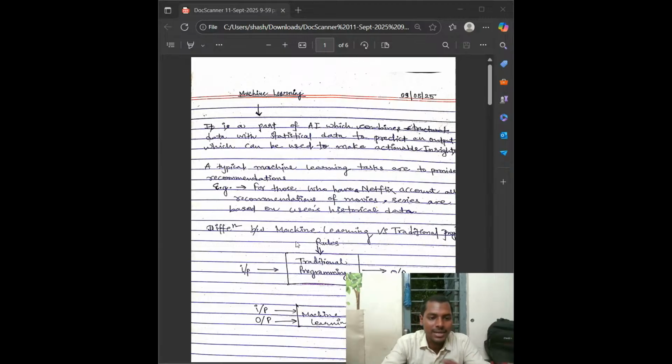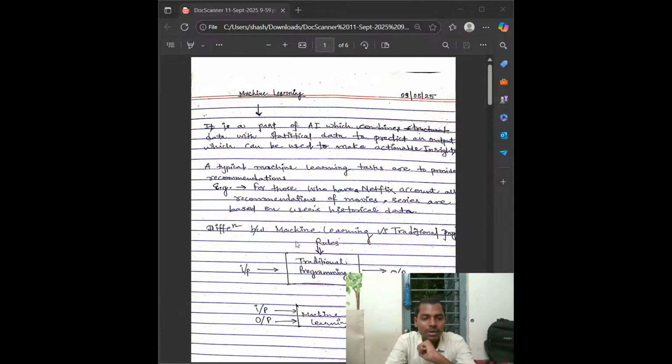Why are we saying statistical data? Because we have to predict the future outcome from the given input. So how do we do that? We have to predict an output which is kind of certain or maybe uncertain. The thing is, we don't need such explicit programming. We need the programming to be as low as possible, because in traditional programming we had a lengthy number of codes, but we don't need that.